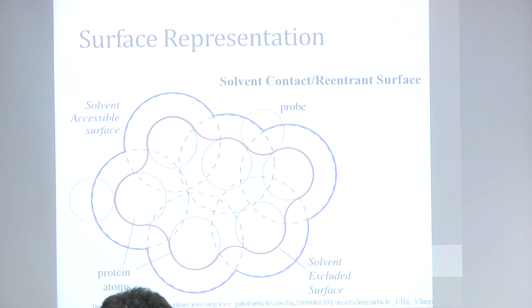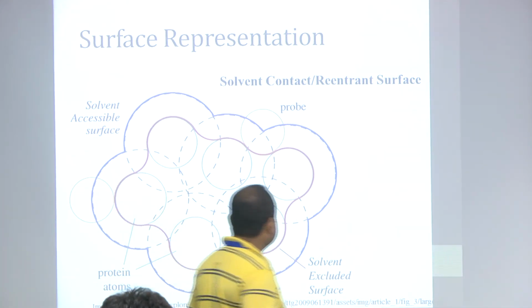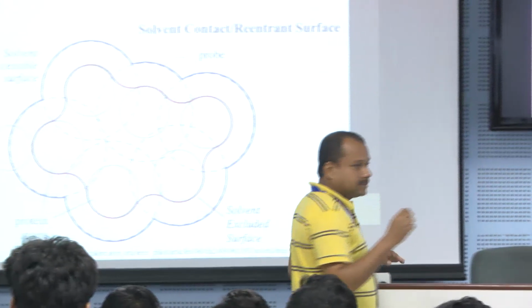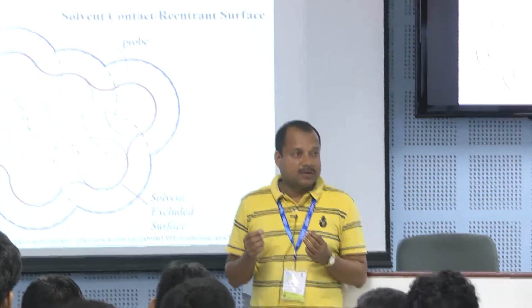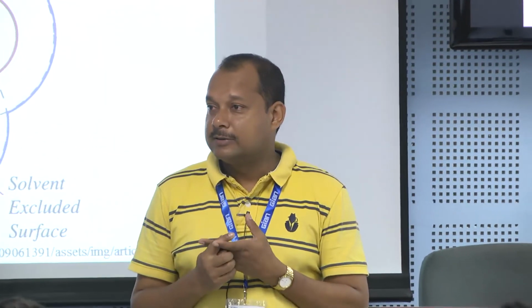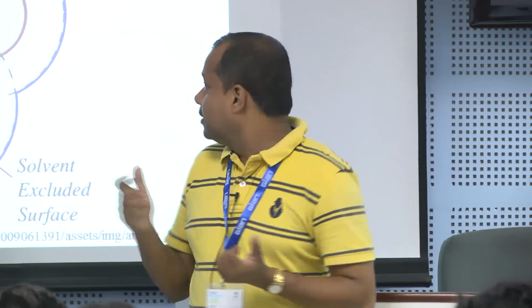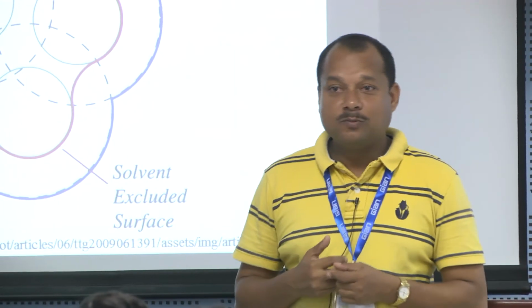From an application point of view, although from a value point of view there will be a little difference, you can understand, right. So, which will be higher, the solvent accessible surface or the molecular surface?